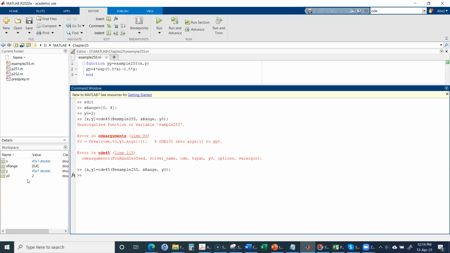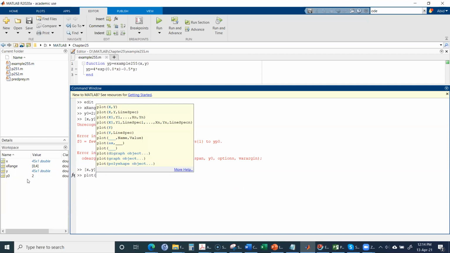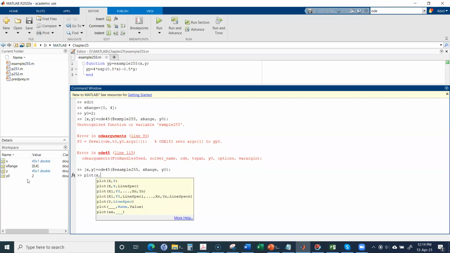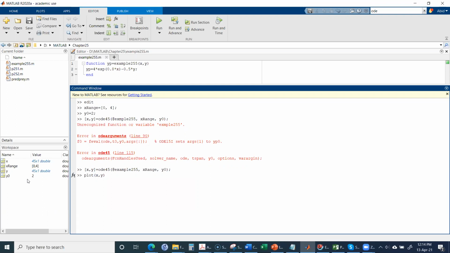In order to visualize this solution, we can plot these x and y values. So plot x comma y, and maybe I can plot them as circular markers in red color.